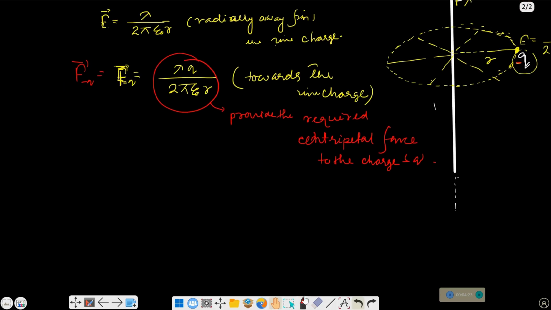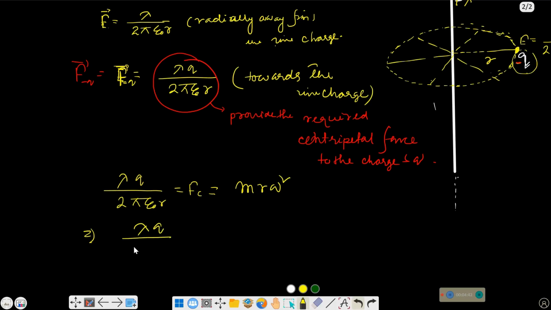Okay, and we can equate lambda q by 2 pi epsilon naught r with F centripetal. This F centripetal we can write as m r omega square. So lambda q divided by 2 pi epsilon naught r is equal to m r, omega is 2 pi by T, where T is the time period here, 2 pi by T whole square.